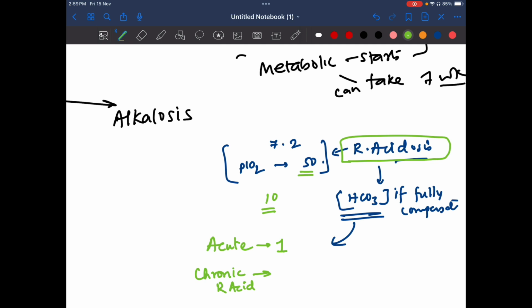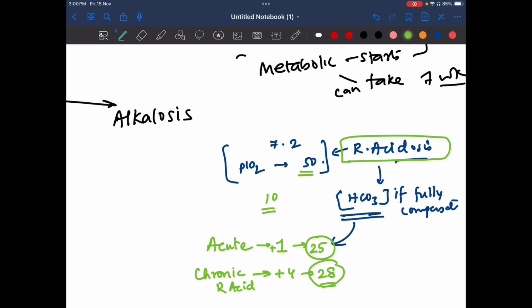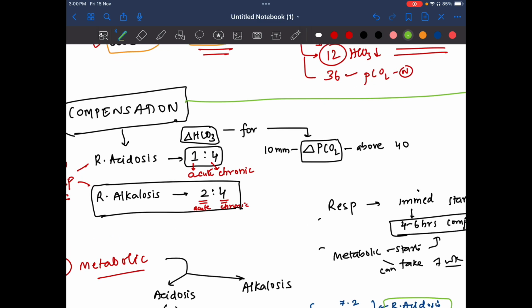So in case of acute, it would be 25. In case of chronic, it would be 28. So if bicarb was 25, in case of acute respiratory acidosis, it would be fully compensated. Okay, so this is an example of this.